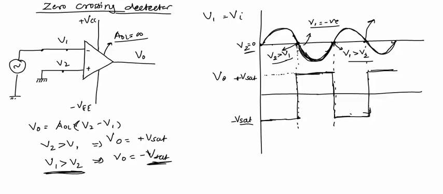And at this point input sinusoidal voltage again crosses zero line, so output again changes from plus Vsat to minus Vsat. So at every point where input signal crosses the reference zero line, output changes its state either from plus Vsat to minus Vsat or from minus Vsat to plus Vsat. So this circuit is therefore called as zero crossing detector.